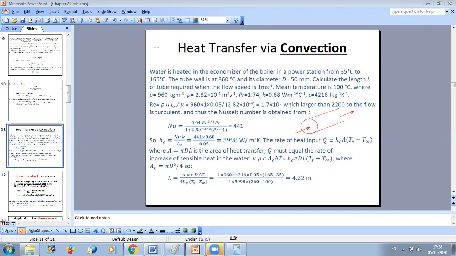So the inlet temperature, T in, is given. T in is equal to 35, and T out is equal to 165.